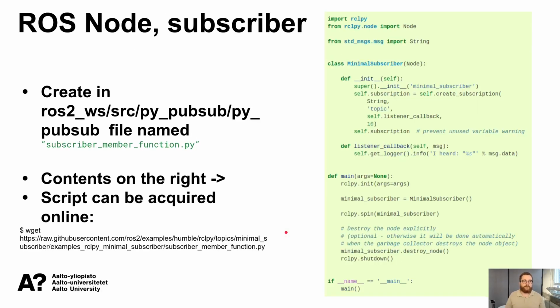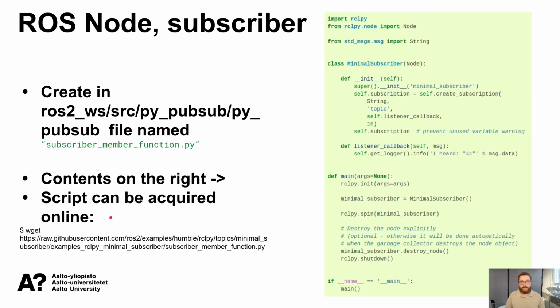But okay, so now same thing for the subscriber. A minimal example from the ROS documentation with a similar name, subscriber_member_function.py, and this is created in the same folder, py_pubsub.